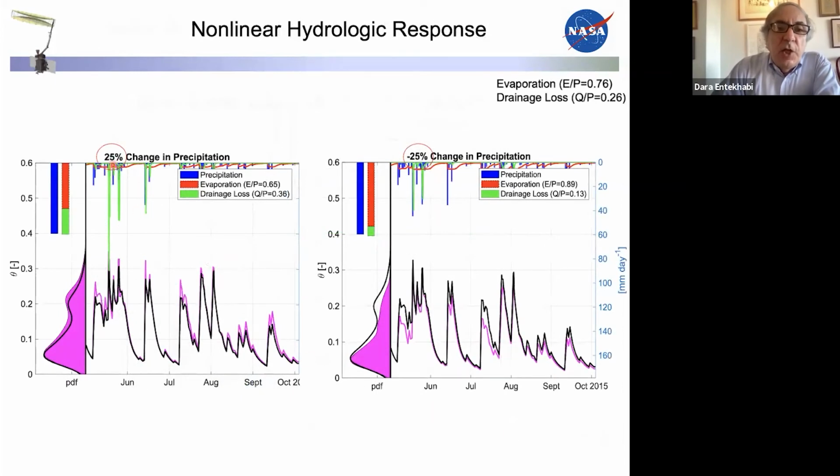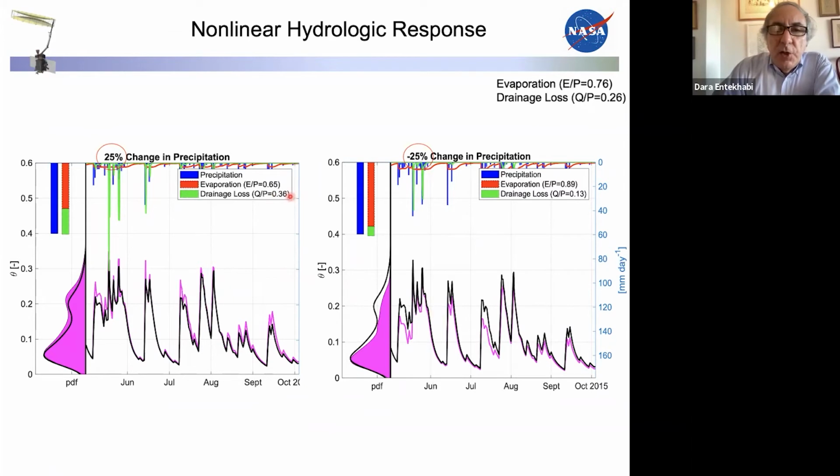What if I change precipitation, amplified by 25% in the historic record, or decrease it by 25%? That shifts the PDF up and down relative to the normal. And you see the impacts on soil moisture above normal here, below normal here. Black is normal, perturbation is purple.